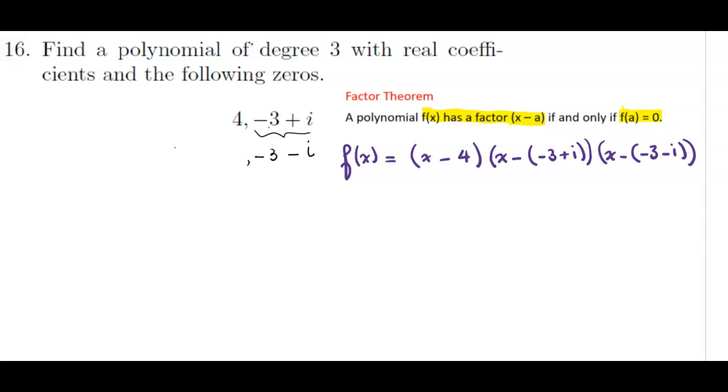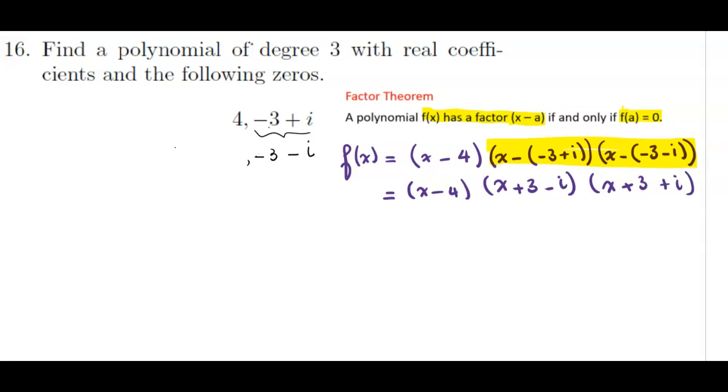So first I'm going to start by multiplying the complex zeros together. First of all, I'm going to take the inside parentheses away. So this is going to be x minus 4 times x plus 3 minus i, and then x plus 3 again, plus i.